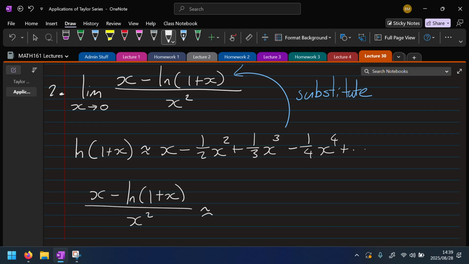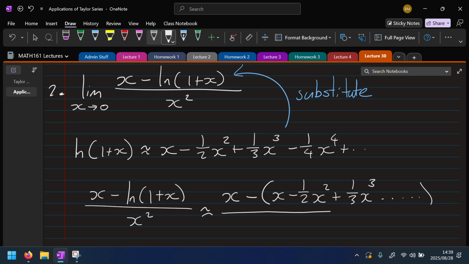The top is still going to be x minus, and then instead of the function, we're going to put in its Taylor series. Yep, that's enough terms, and then dot, dot, dots. Okay, you only need a few. Okay, and this is still being divided by x squared.